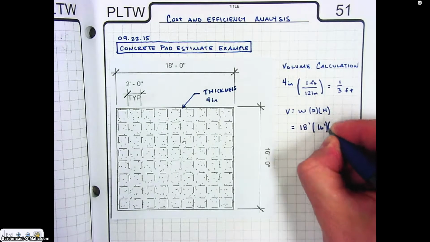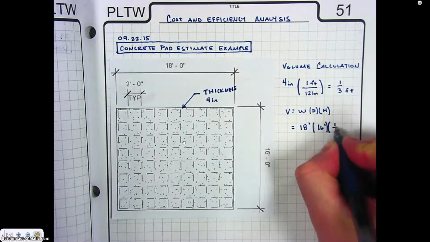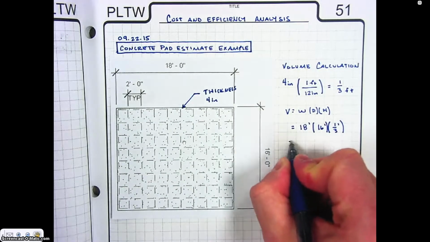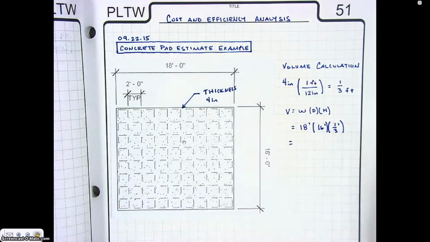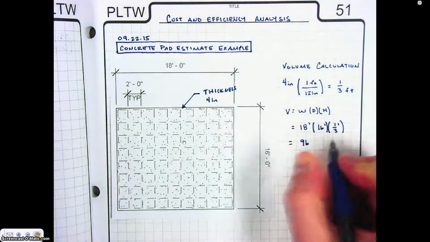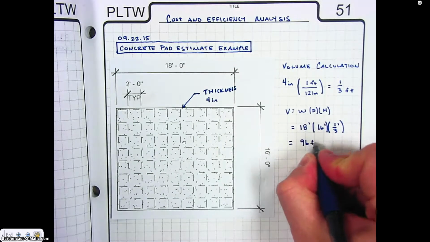Times the height, or the thickness of the pad, we just calculated 1/3 of a foot. If we multiply those numbers together, we get 96 cubic feet.